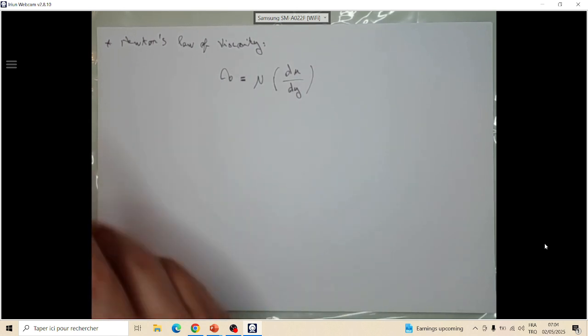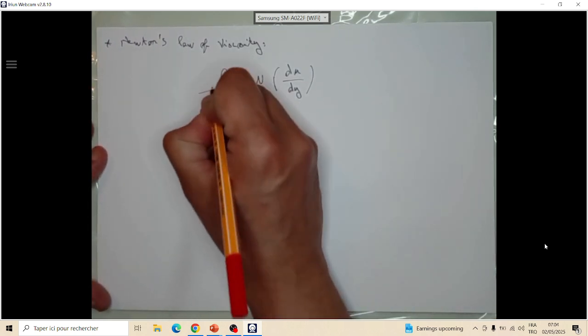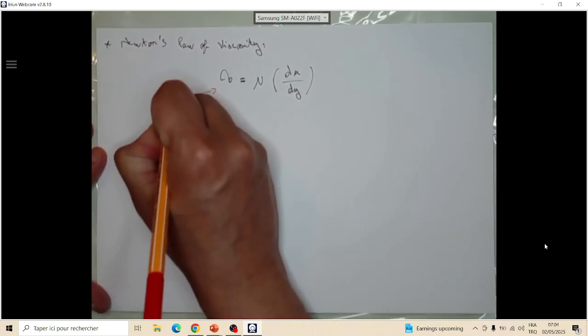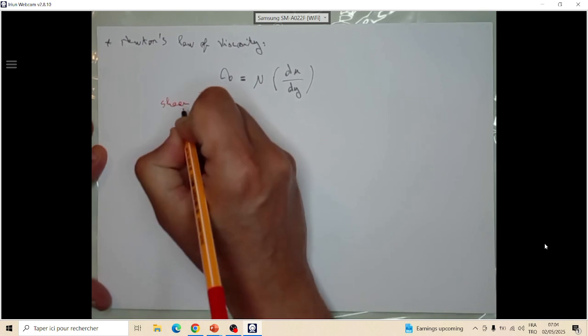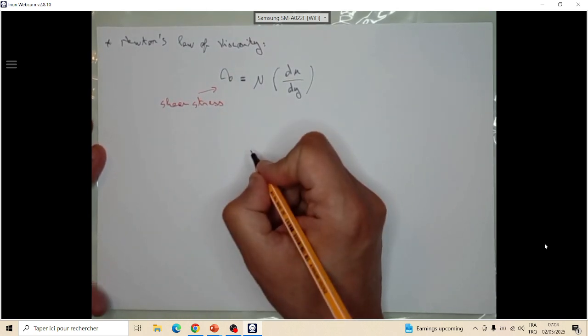So let's explain each term in the equation. Tau is shear stress.